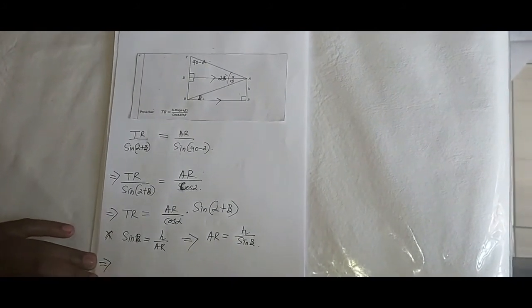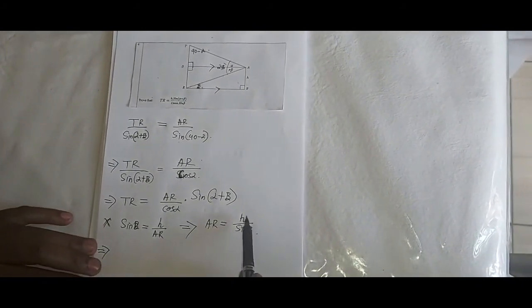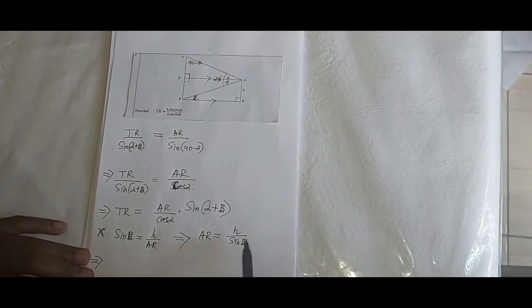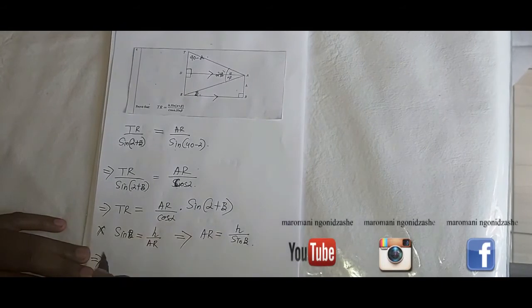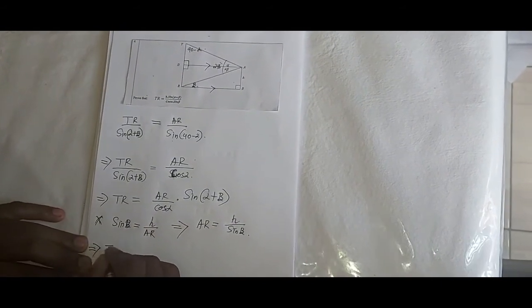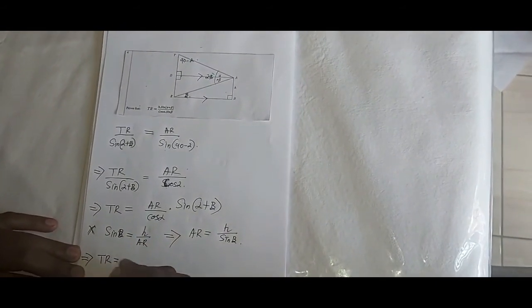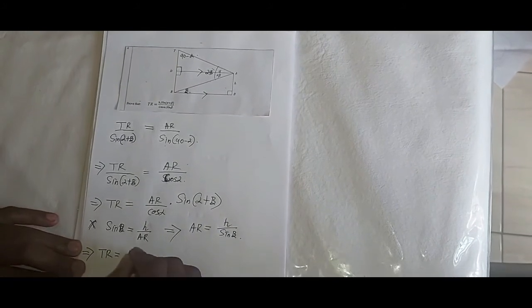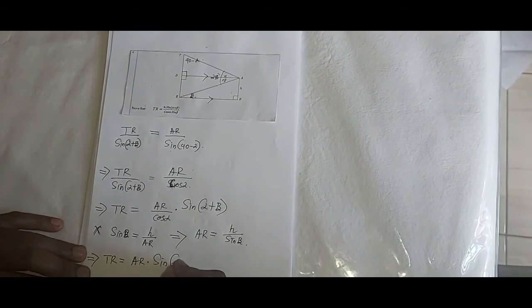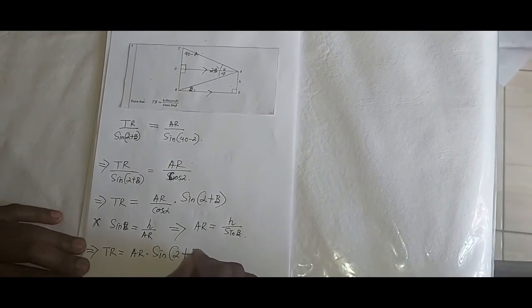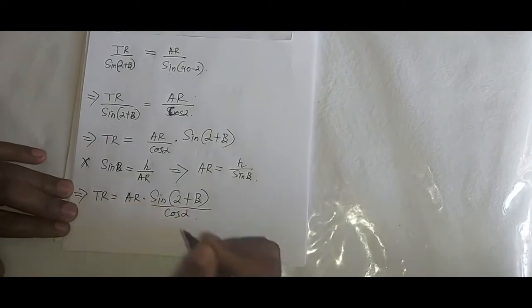Now in place of AR, I replace AR with h. Remember here, I'm saying TR is equal, I can also rewrite it as AR multiplied by sine of alpha plus beta all over cos of alpha.